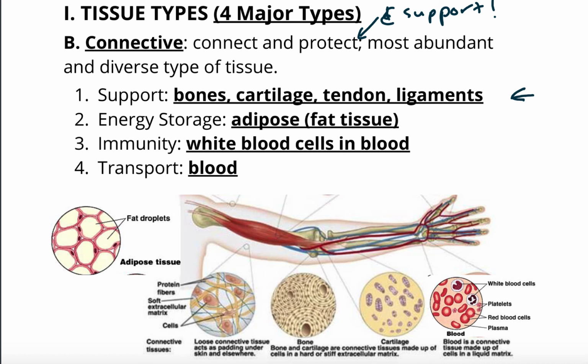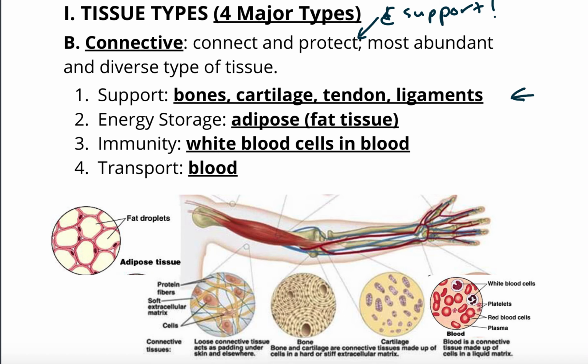White blood cells are found throughout connective tissues. They like to swim through connective tissues to help protect you. As a result, they play a really important role for immunity, meaning protection against diseases, and they're found within connective tissue types. In addition to that, they do a big job in transportation.